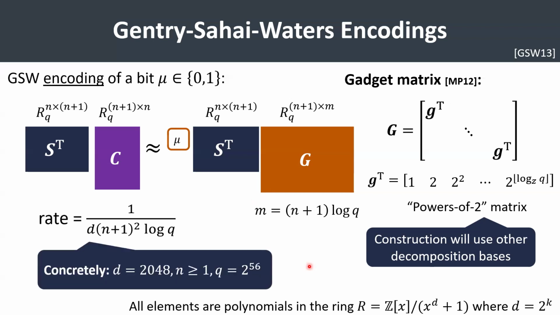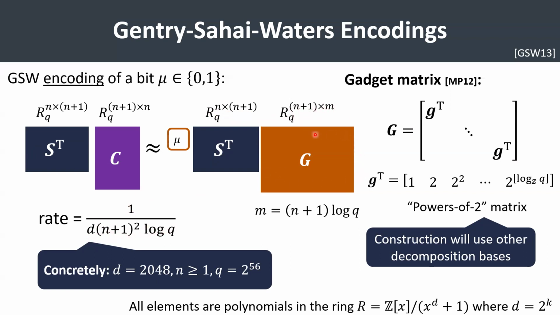Okay, and as you can probably see from the picture, the size of the ciphertext is significantly larger than the size of the message. The message here, mu, is a single bit, and S and G are these gigantic matrices now. If you want concrete parameters, to encrypt a single bit, you need a ciphertext whose size is the size of each of these elements times n plus 1 squared times log q.